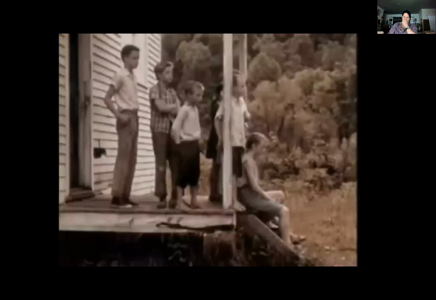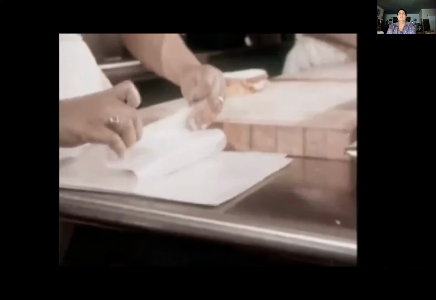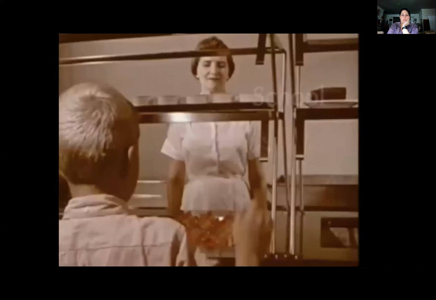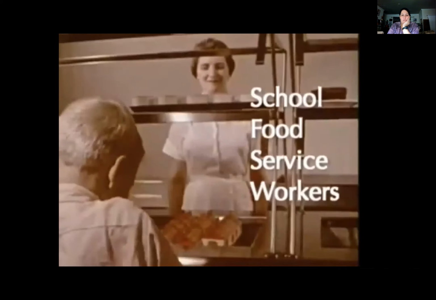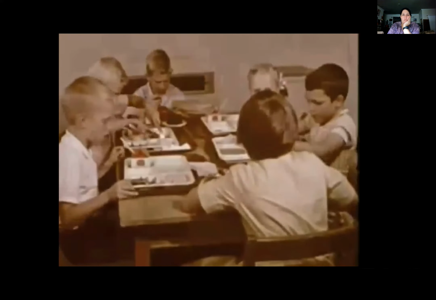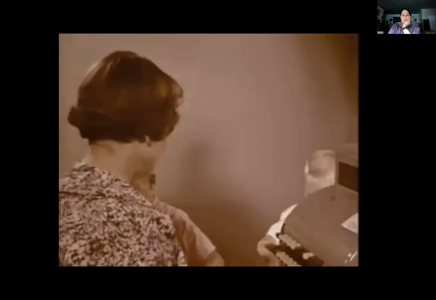That leaves many pupils out in the dust. And what about the good women and men who make the school meal program happen each and every day? Who can forget them? The lunch ladies, or as they're known today, the school food service workers. They care about making sure the meals they cook are nutritious and wholesome, and that no child is left hungry, even if it means paying for a meal out of their very own pockets.